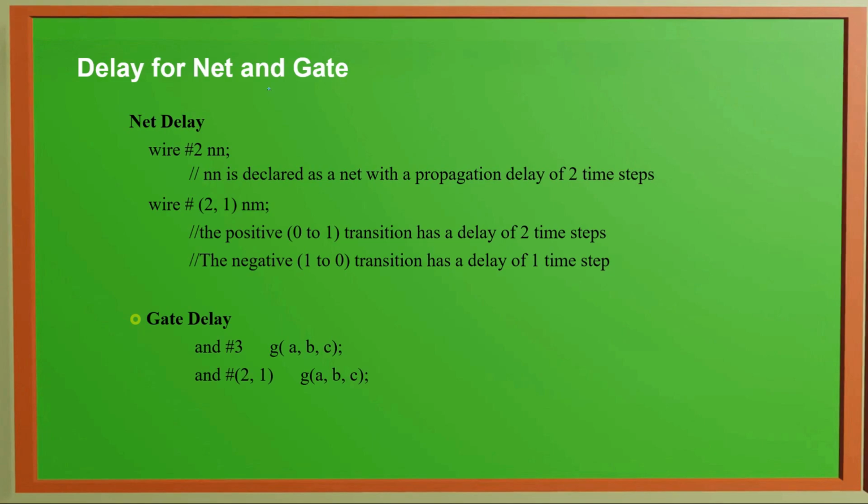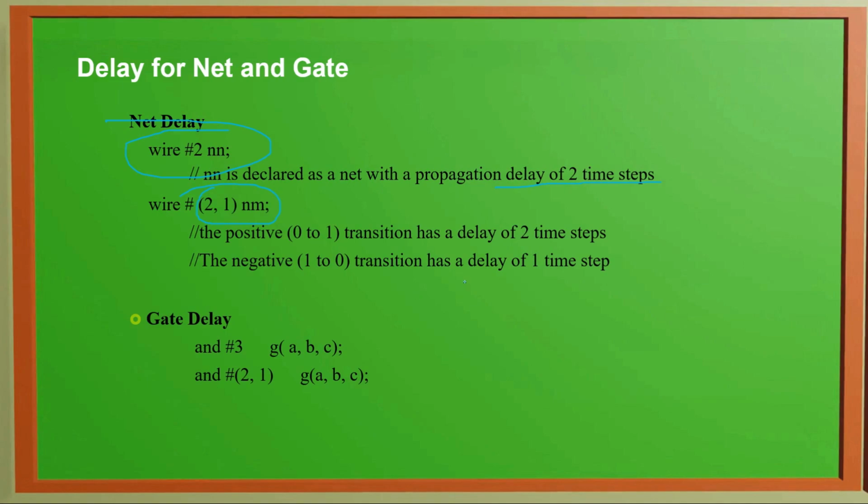Then for nets and gates we may have delay. How do we have this? We can have a syntax something like this: wire hash 2 NN. When we write like this, it means NN is declaring the net values where a propagation delay of 2 time steps is there. And if we declare in brackets, say wire hash (2, 1) NN, what does that mean?